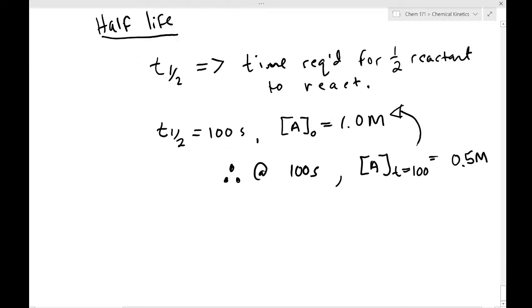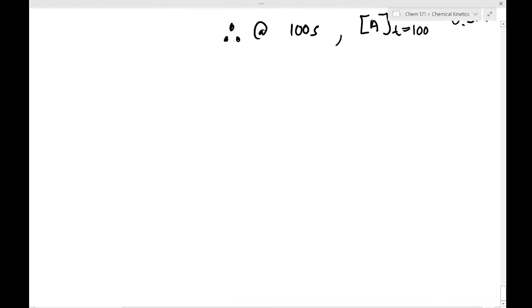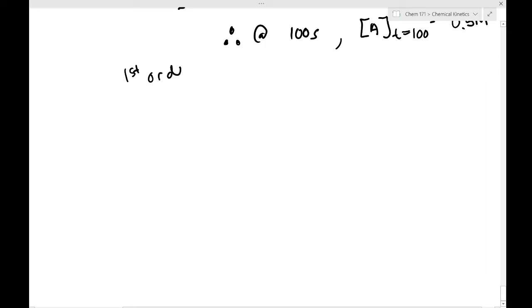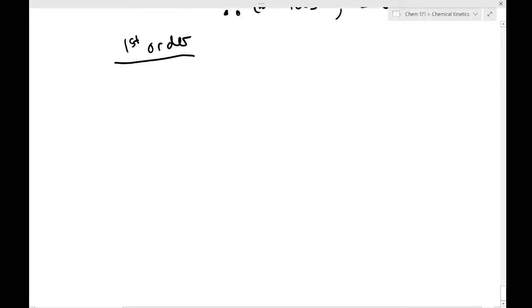So let's go through all of the different types. We'll start with first order. We can derive the half-life for a first order reaction by starting with the integrated rate law.